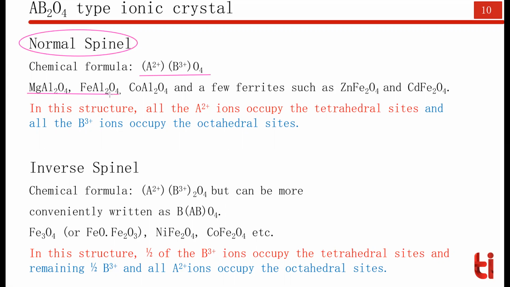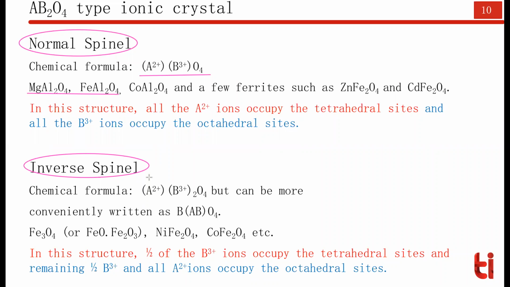Many solids like magnesium aluminum oxide MgAl2O4 or iron Al2O4 or cobalt Al2O4, they all form the normal spinel structure. Now, contradictory to this, in the inverse spinel structure, the distribution of +2 ions and +3 ions is a little different.